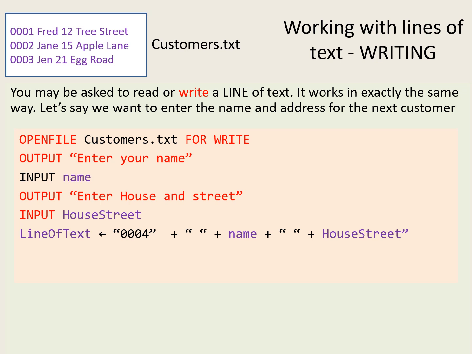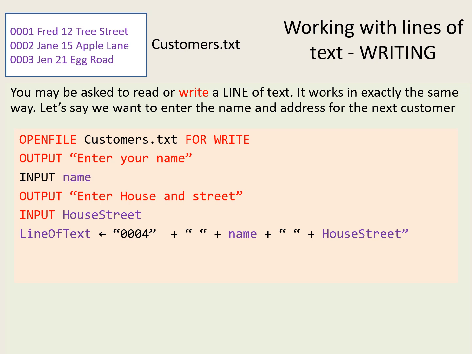I've created a new variable called line of text, and I'm assigning it 0004, which would be the next customer number, plus a space, plus name, plus another space, plus house street. Now there should be a quote mark here, so hopefully you spotted that. I'd like to say it was a deliberate mistake, but I forgot to put it in. I'll add it in after I finish the video.